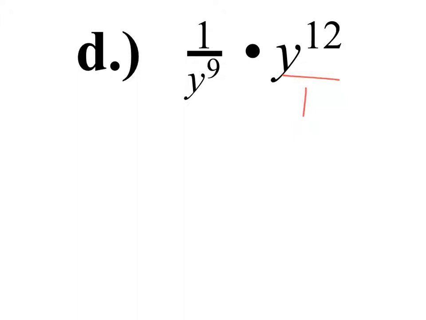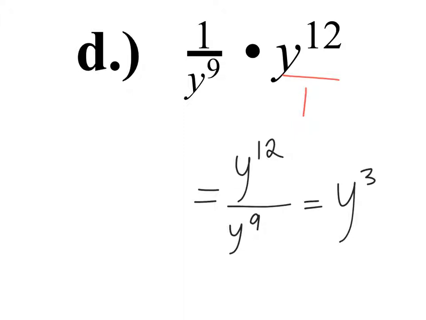So this is the same thing as y to the 12th, because we're just multiplying by 1, over y to the 9th. Now you can simplify it. That's going to be y to the 3rd, subtract. What happens to the 1? So 1 times anything is just the thing itself. So 1 times y to the 9th is just y to the 9th.